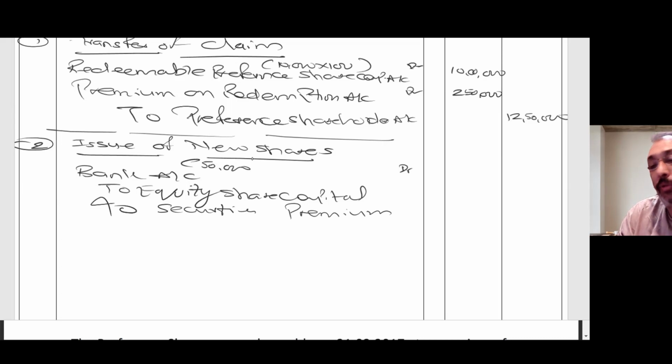50,000 into 14 rupees. How come 14 rupees? 50,000 into 10 capital amount, 50,000 into 4, that makes it the premium amount. 50,000 into 10 makes it 5 lakh rupees.